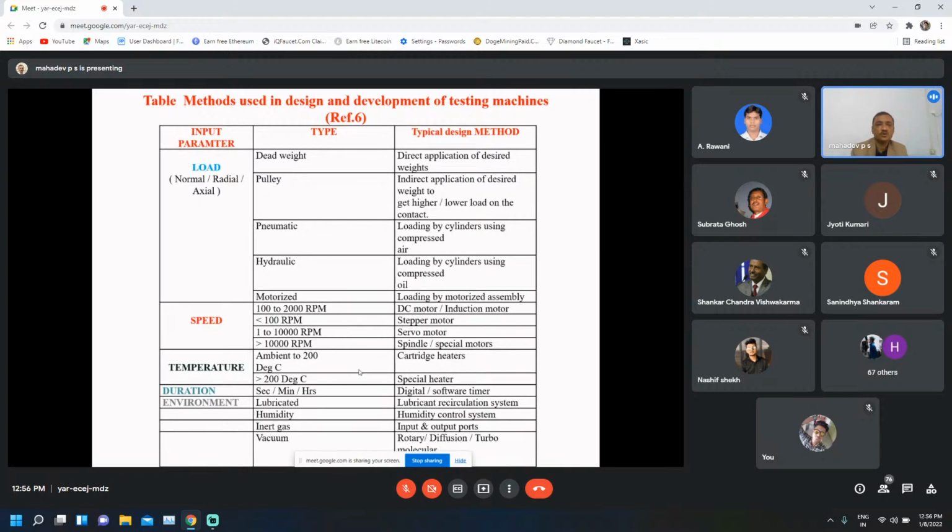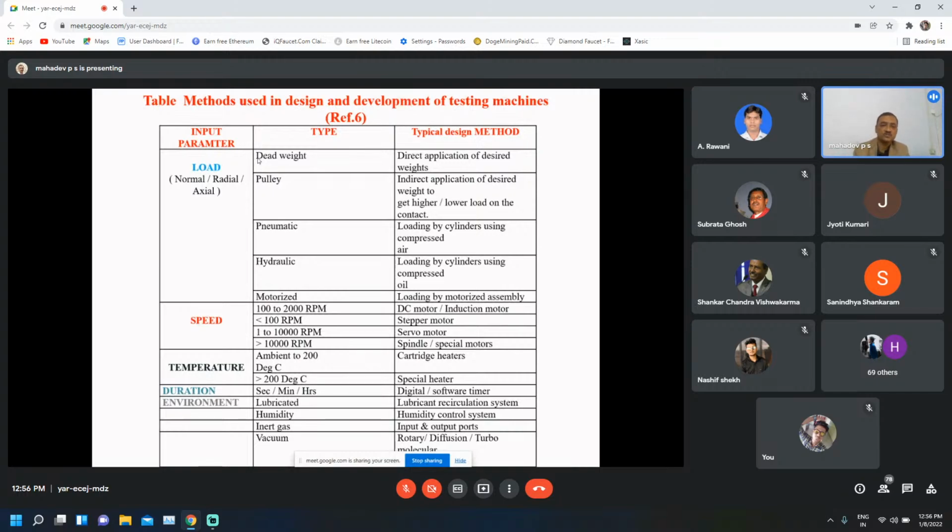Okay, so in the methods used in development of testing machines, the input parameters are varied. What you can change is the load, normal load, radial or axial load. You can vary the normal load, or consider it in terms of normal pressure also. The type of load applied can be dead weight with the help of a pulley, pneumatic, hydraulic, or motorized.